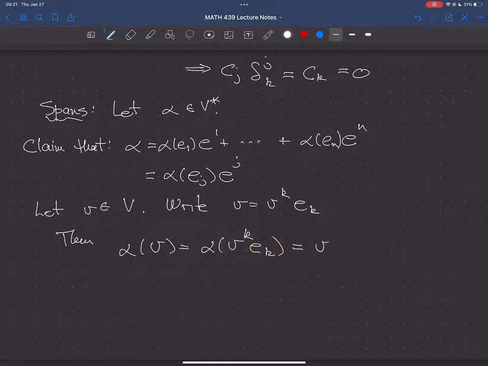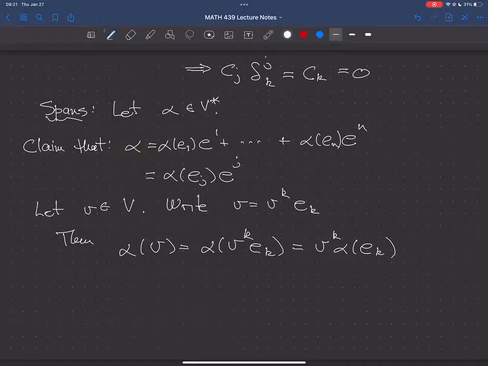So this is v^k alpha of e_k. That's what I get when I apply the left-hand side to v.